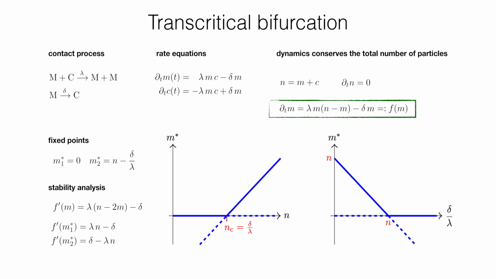On the other hand, you can also ask the same question for a different parameter. You can ask now what happens for this bifurcation when I keep n fixed, but I change the corresponding parameters delta and lambda. So remember, delta is the recovery rate and lambda is the infection rate. So let's say we go to delta equals 0, nobody recovers. Then obviously you have an outbreak of the infection in the population. And you need to increase the recovery rate.